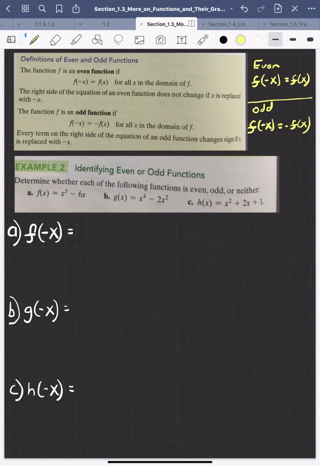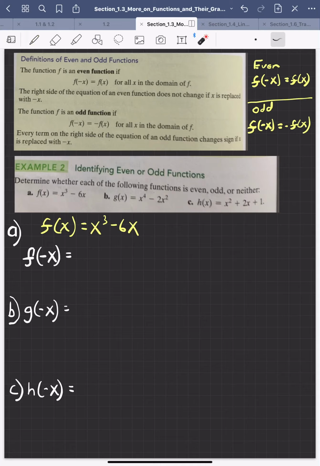Let me write the question, and I'll show you the game plan. So part A is f of x is equal to x cubed minus 6x. Okay, so let's just do some steps. Ready? Step 1 is you are going to substitute negative x in for x.